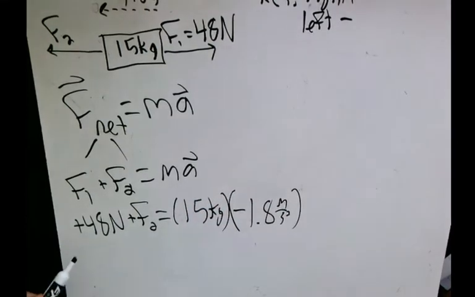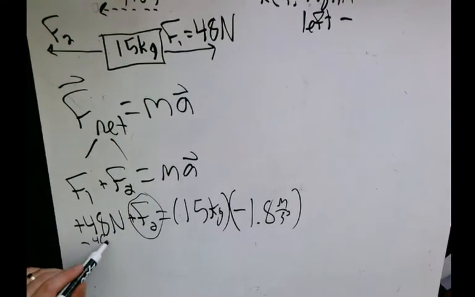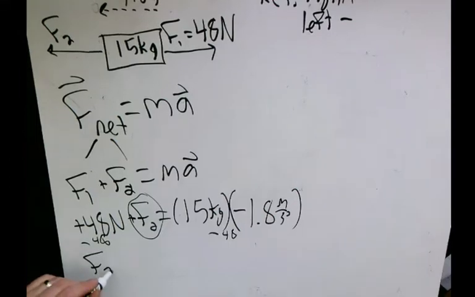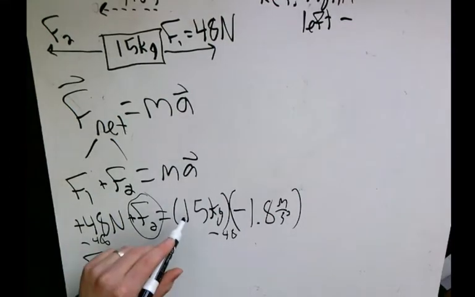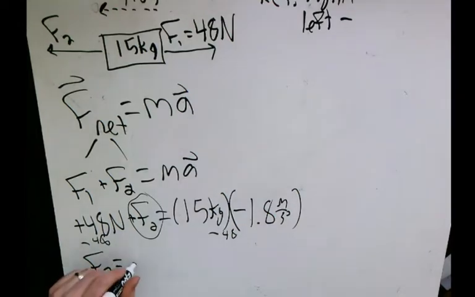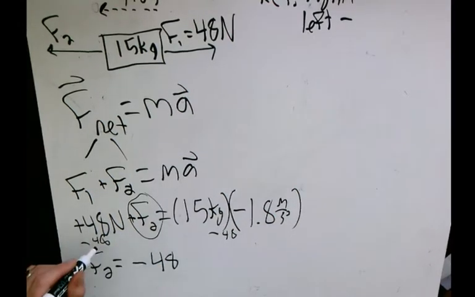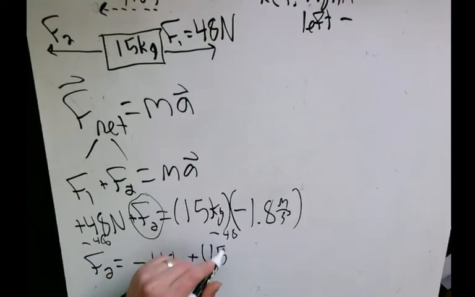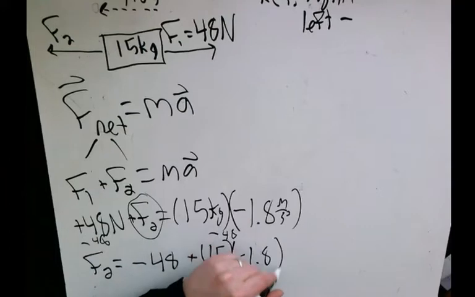Alright, so we have to isolate for F2 by subtracting 48 from both sides. We know that F2 is now equal to 15 times negative 1.8, minus 48. So we're going to have a really big negative number. That becomes negative 48 plus 15 times negative 1.8.